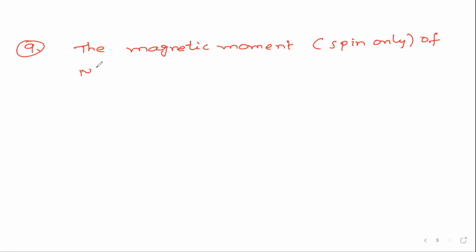The spin only magnetic moment of NiCl4 2 minus is: option A, 1.8 Bohr magneton.